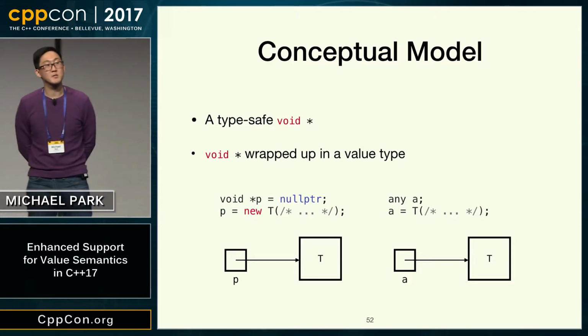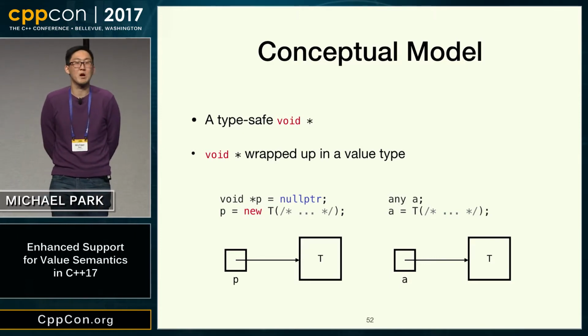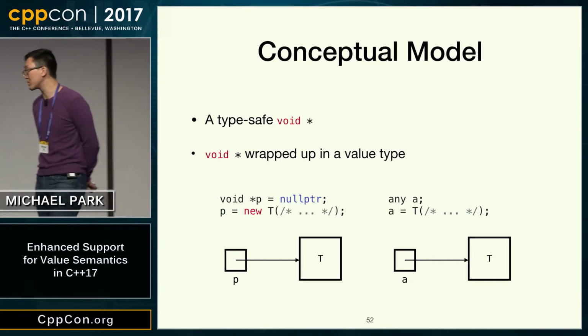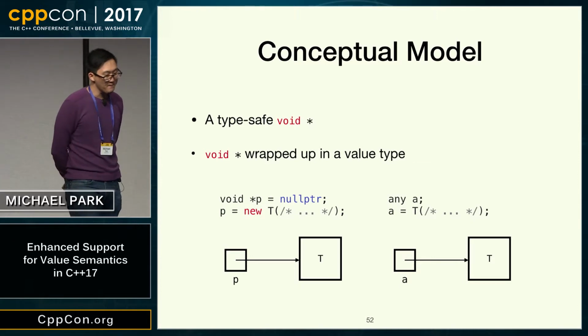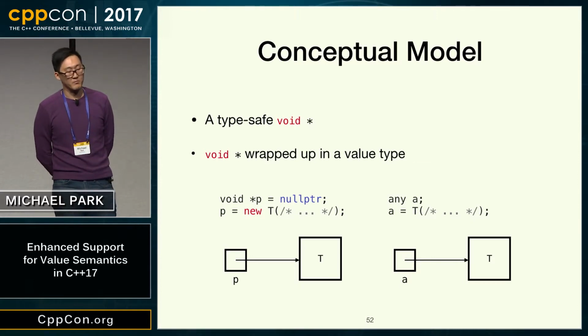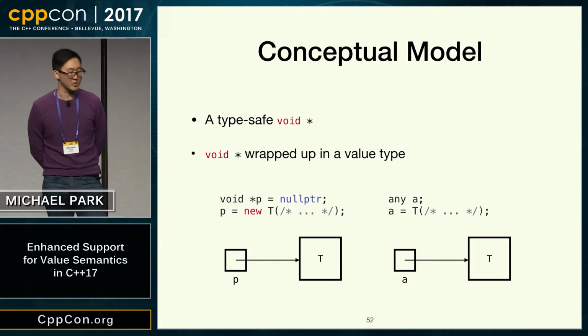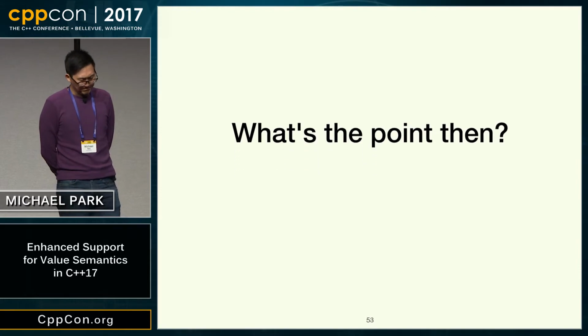So any doesn't hold the value in place because, well, how big should it be? It should be able to hold anything. So it actually holds a pointer. It's allowed to do small object optimization, but in general, it's going to perform dynamic allocation to be able to hold anything that it needs to. Okay, well, so what's the point then?